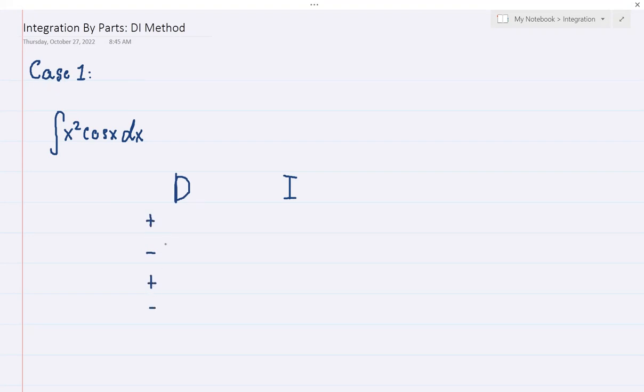So in your D, don't forget to put the alternating signs of positive and negative. Pick which of the functions you're going to differentiate and the other will be integrated. So for me, I'm going to put x squared in the D column, so I will differentiate x squared. And cosine, I'll put in your I column, wherein you're going to integrate your cosine.